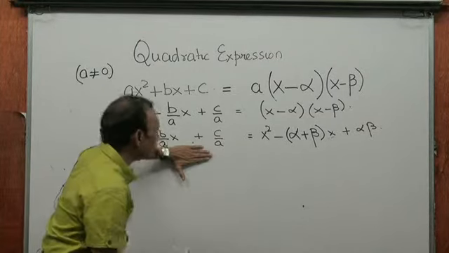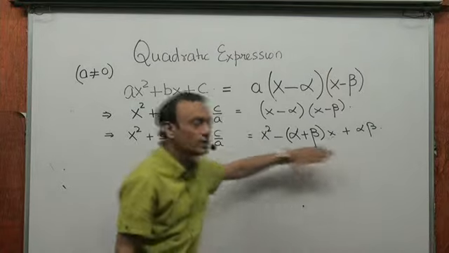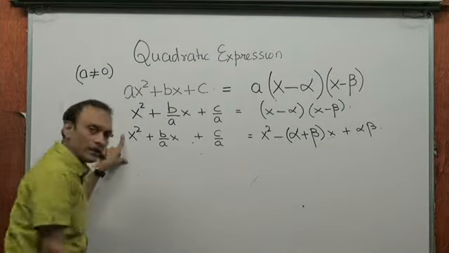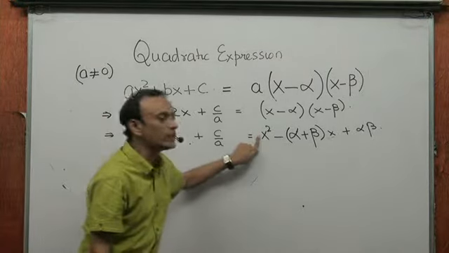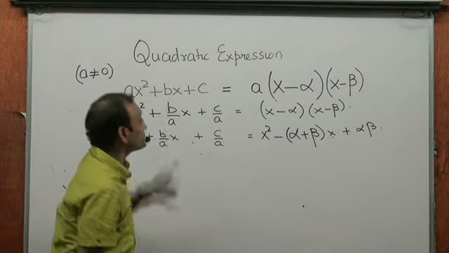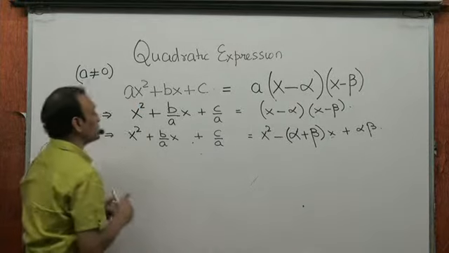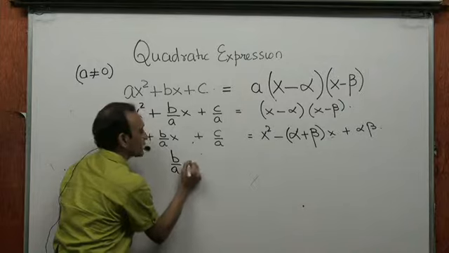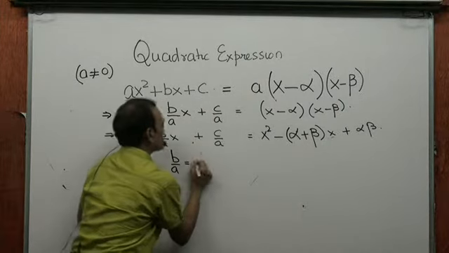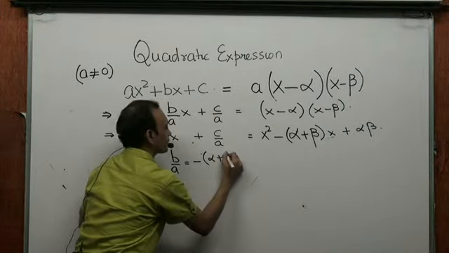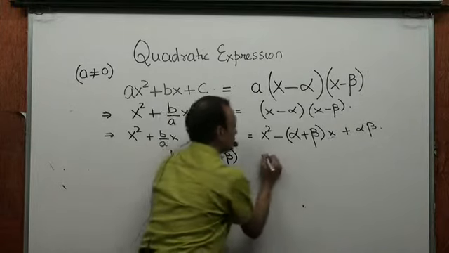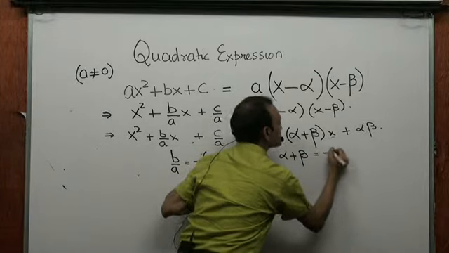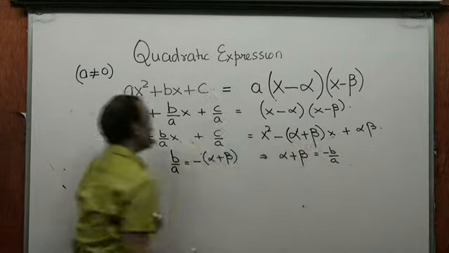That means if this expression is identical to this expression, that means if this formation is an identity, then the coefficient of x square is 1 on the left hand side and 1 on the right hand side. Coefficient of x on the left hand side is b by a, and on the right hand side it is minus of alpha plus beta, which would give me the sum of the roots, alpha plus beta, as minus b by a, right?